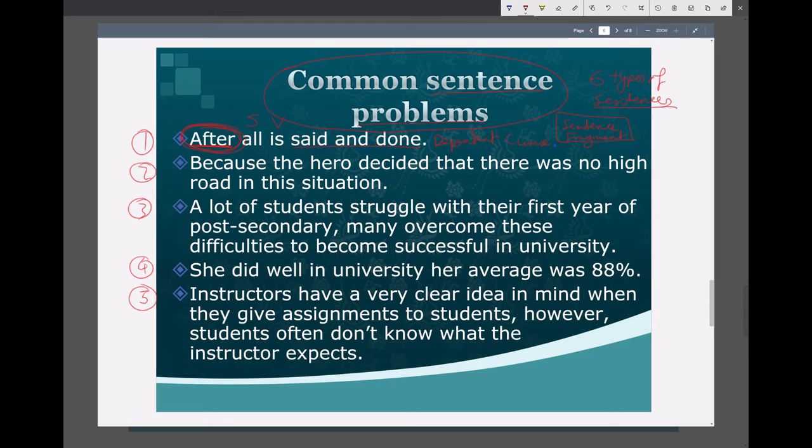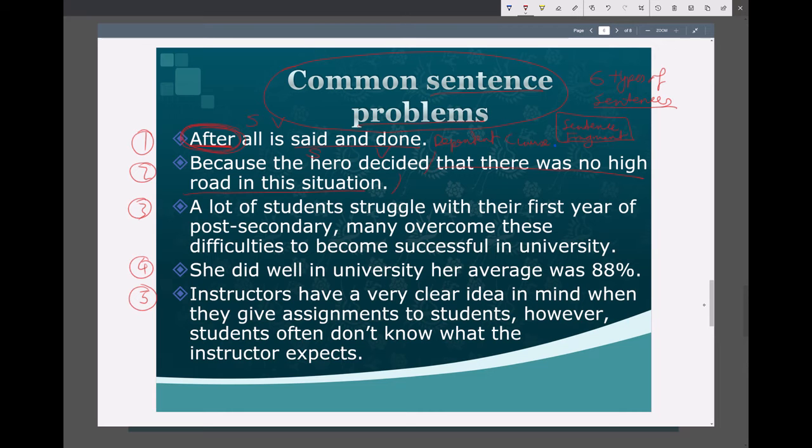Now, how about the second sentence? "Because the hero decided there was no high road in this situation." What do you think is the problem here? Well, we have the hero, that's the subject, decided, that's the verb, and then the rest of the sentence, that there was no high road in this situation. You have a prepositional phrase right here.